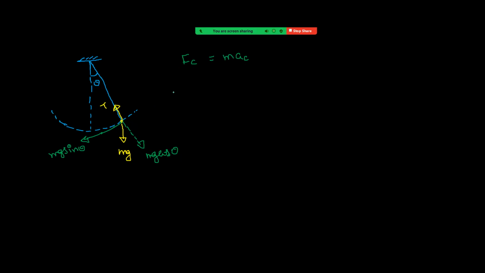See here, T minus mg cos theta is providing the centripetal force. That is equal to m v square by r. R means the string length, which is L, right? So from this we can write tension equal to mg cos theta plus m v square by L.